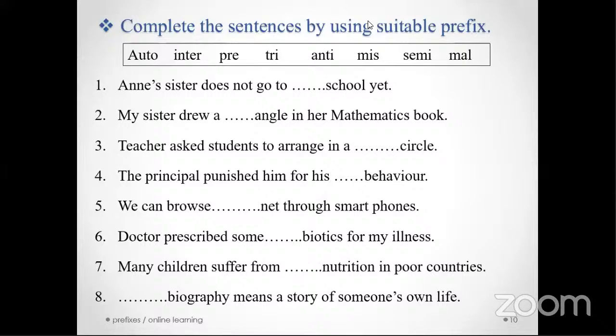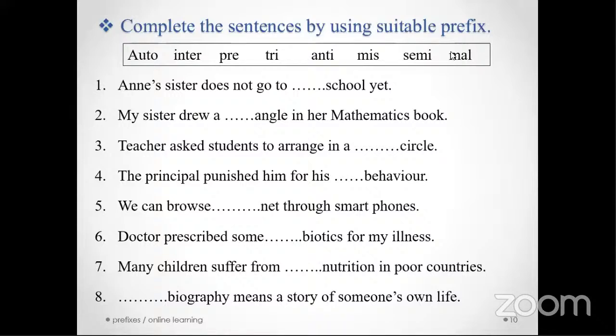Semicircle, very good. Internet, good. That's triangle. Antibiotics, very good. Internet, nice. Semicircle, please consult with the spelling. Right, okay. I think you may have got the point.